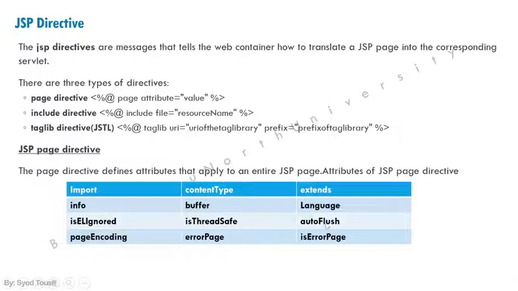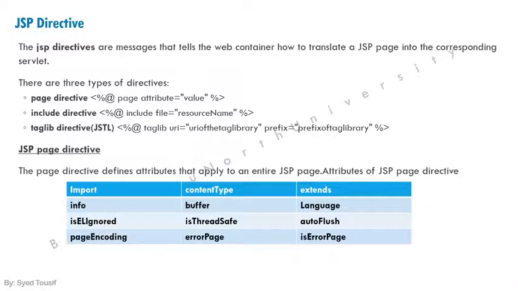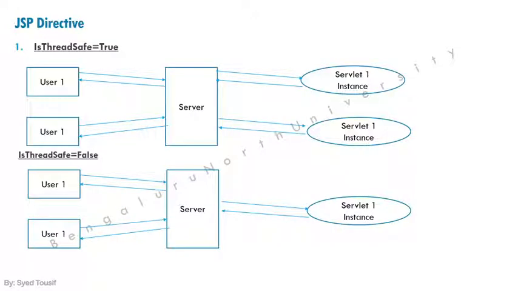These are very direct. Next is isThreadSafe. We know that whenever we deploy a web servlet, it can be requested at a time by many users. Here I am giving a demo of two users requesting the servlet at the same time. Whenever a request comes to the server, it creates an instance of the servlet.